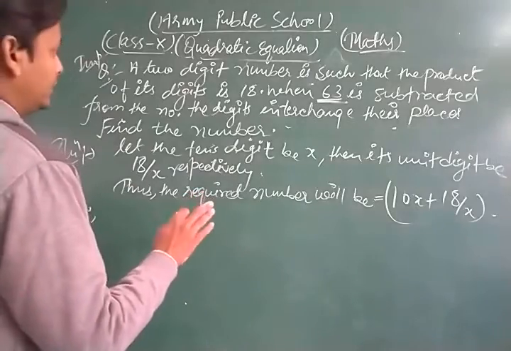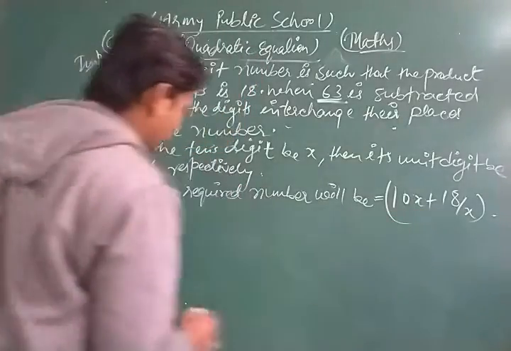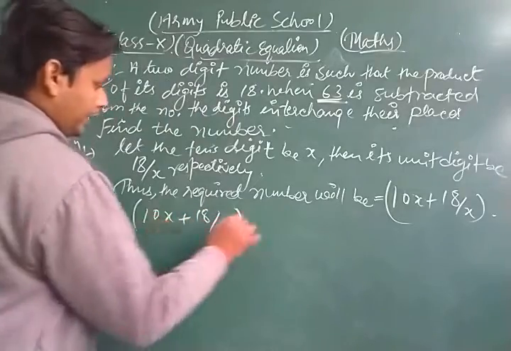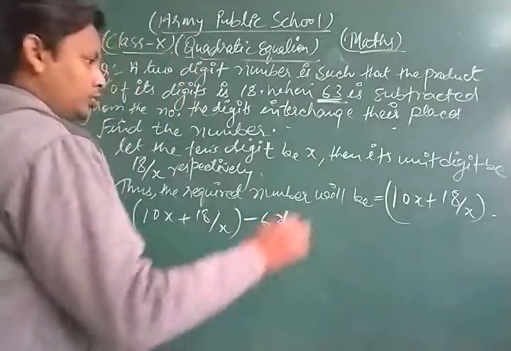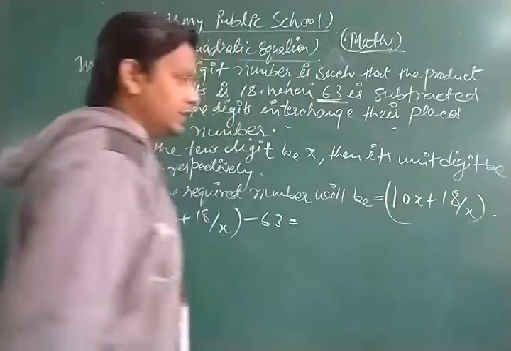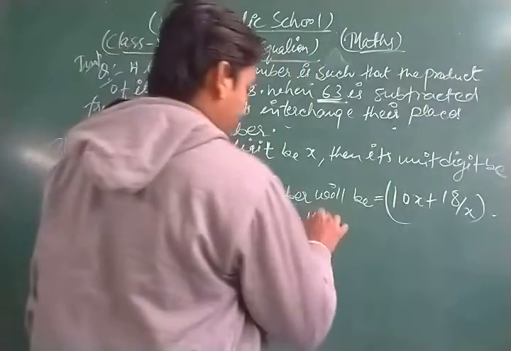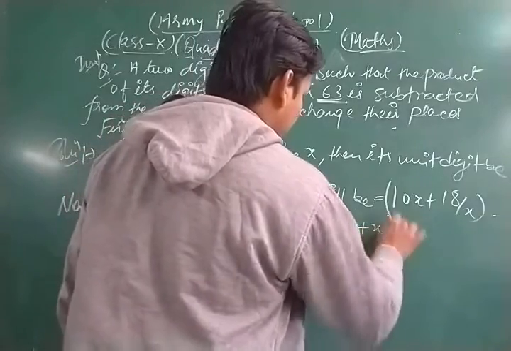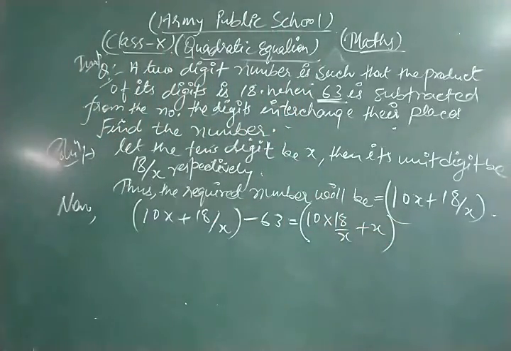So this is the original number. According to the question, 10x plus 18 upon x minus 63 is equal to the digits interchanged, so 10 into 18 upon x plus x.